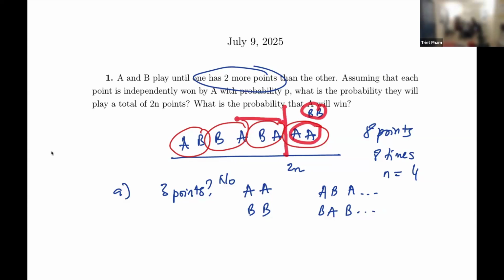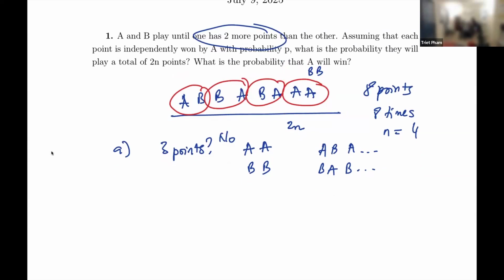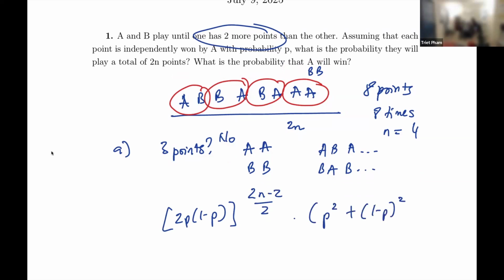And then all the previous rounds must be draws. So that's draw, and then you have 2n minus 2 over 2. And then that's A win, and that's B win. Any question?